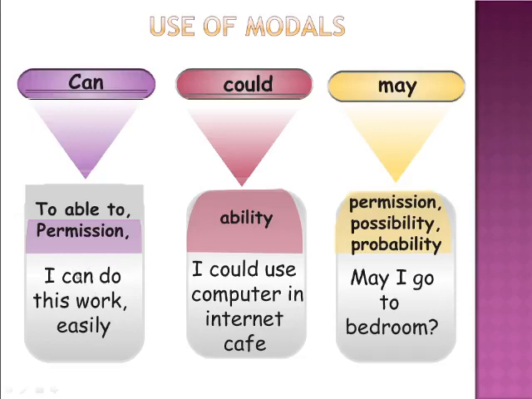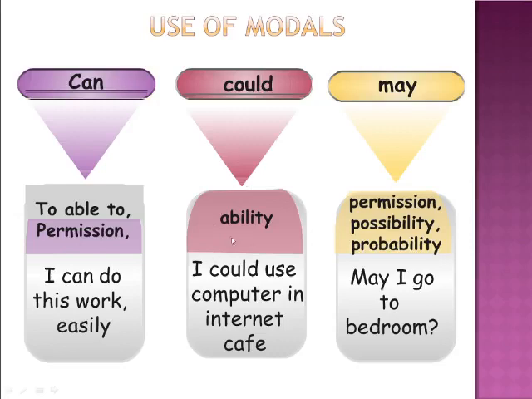For example, sir, can I go there? Can I read now? Can I go to the library? Can I do something for you? All these are used for permission. Okay. So can be used in both ways, to show that he is able to do something and also to ask for permission. Could, it is showing just ability.